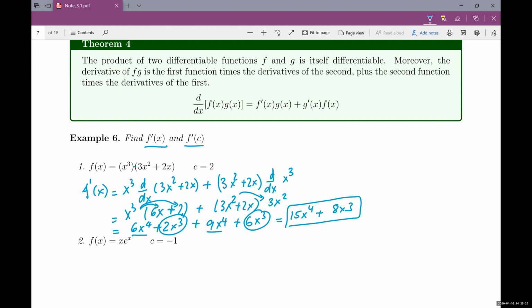So I found f prime of x, and from f prime of x, I can find f prime of c when c equals 2. That means I just need to plug 2 into the x's to find the answer.